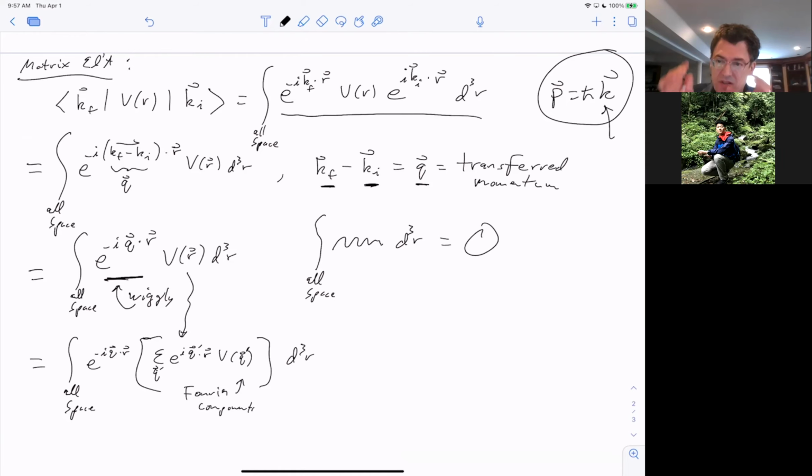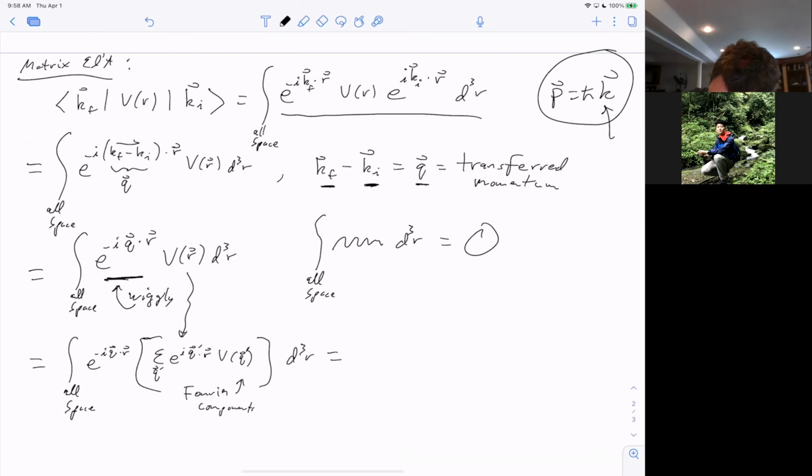And so now I've turned this integral into a million integrals over all the different Fourier components. Each one is being integrated in that integral. And here's the point. Every one of those integrals is 0 because it's an integral of a wiggly thing, except for one little piece of all these integrals.